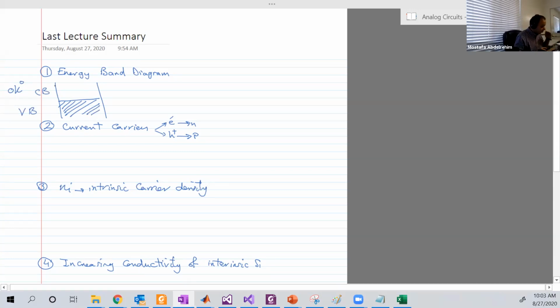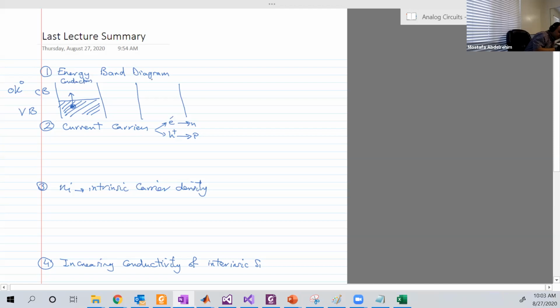For that reason, metals are very good conductors, because electrons can move easily from the valence band into the conduction band and conduct current. So this is conductors, we can say.